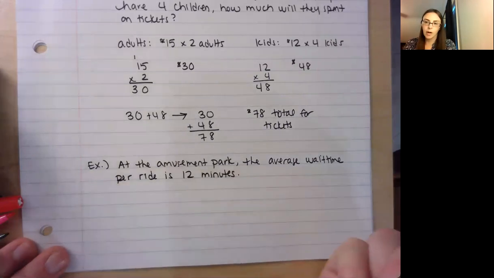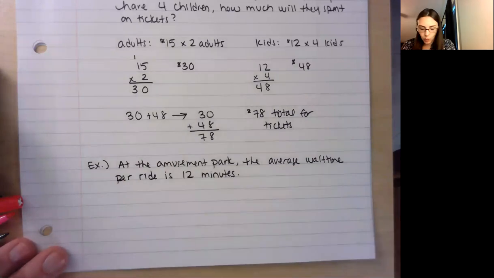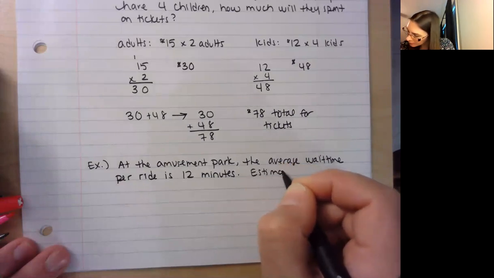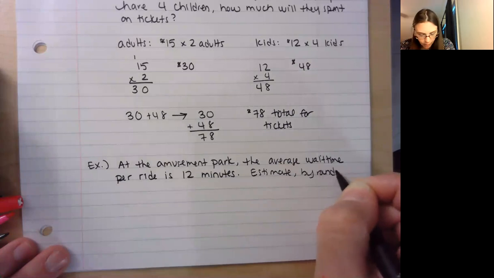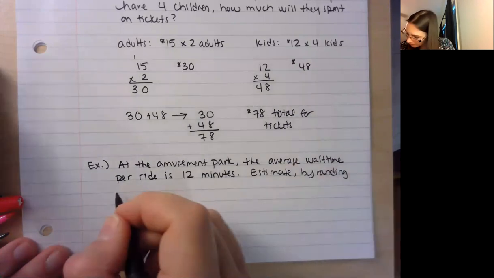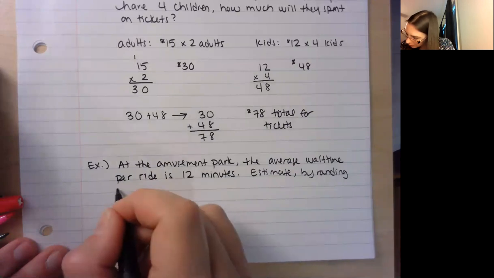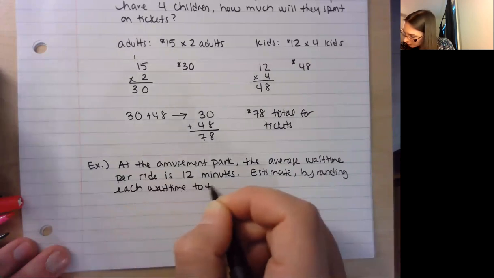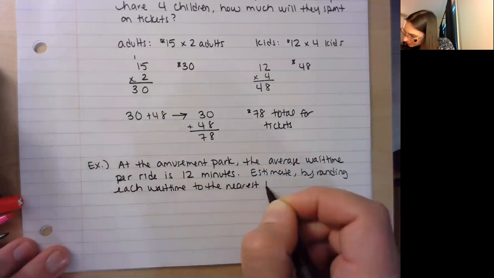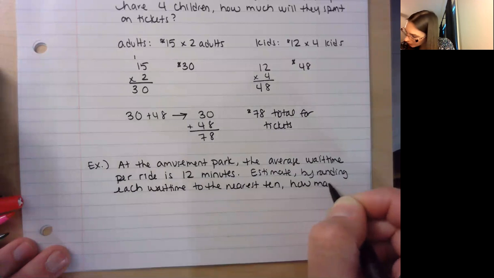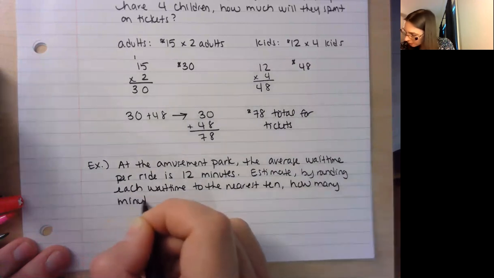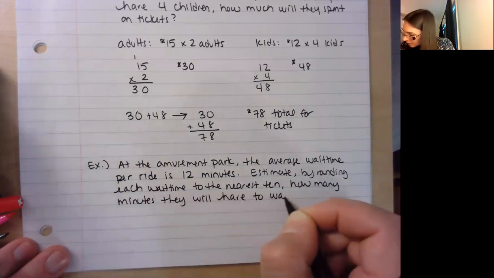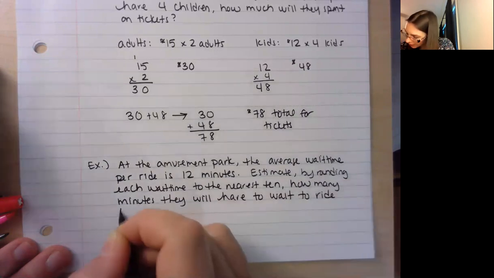All right, maybe they're at like a big amusement park where it's long lines. So the average wait time per ride is 12 minutes. Estimate by rounding each wait time to the nearest 10, how many minutes they will have to wait to ride 6 rides.